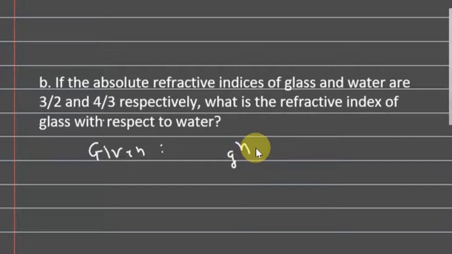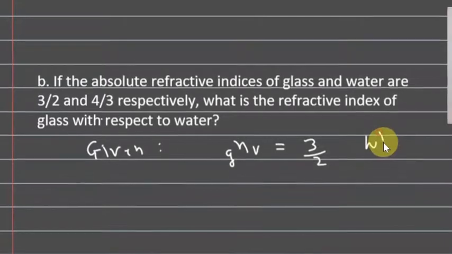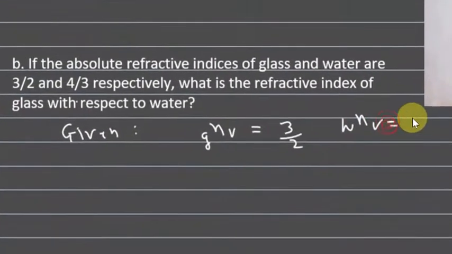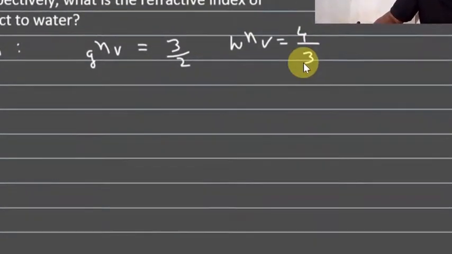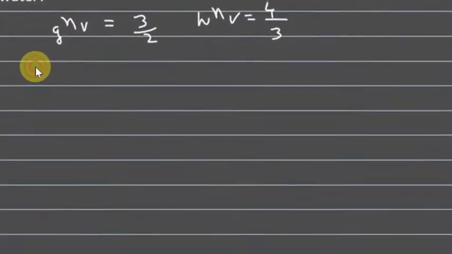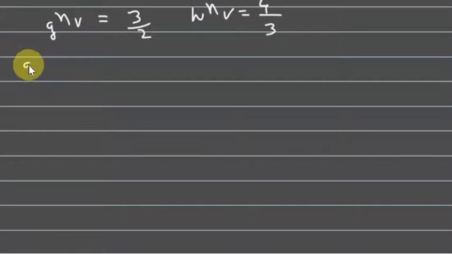So G N V, V for vacuum, and this is 3 by 2. This is given in our book in an example. Now the refractive index of water, that is W and V, is given as 4 by 3. Now what we need? The refractive index of glass with respect to water, G and W. This is what we need.